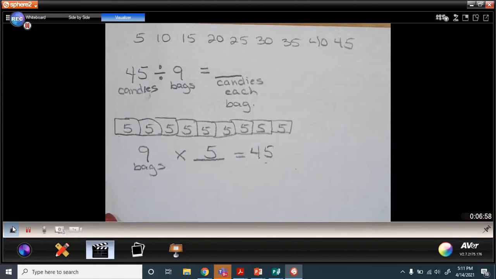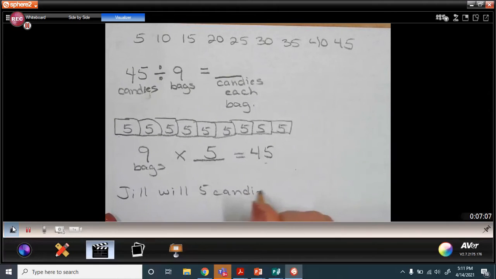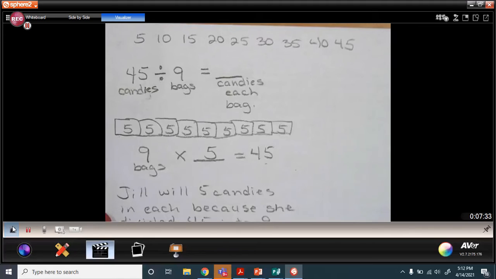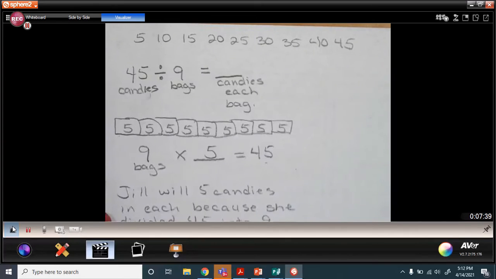So we can say Jill will put 5 candies in each bag because she divided 45 into 9 equal groups for 5 candies each.